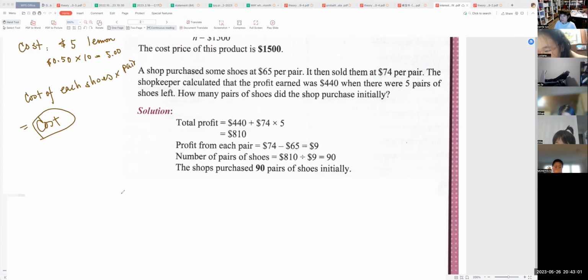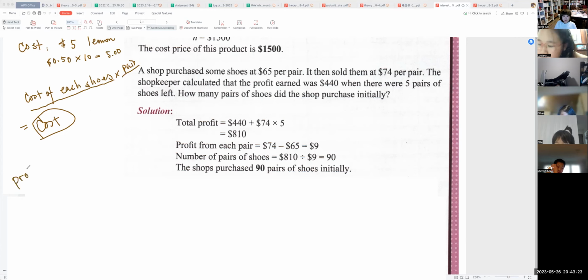Understand, everybody? Okay, so instead of telling you the total cost, we need to find out the cost of the shoes, and we know that how many pair of shoes are initially purchased, then that is a cost in total. So let's take a look at this one.